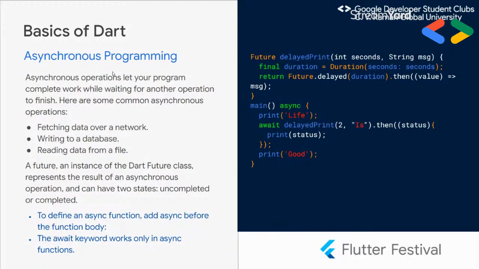For this, Dart provides a Future class. A Future class is just an object that is used for asynchronous programming. We use the async function and the await keyword. These keywords declare that an asynchronous function is going to be used hereafter, and this is the syntax for asynchronous programming.